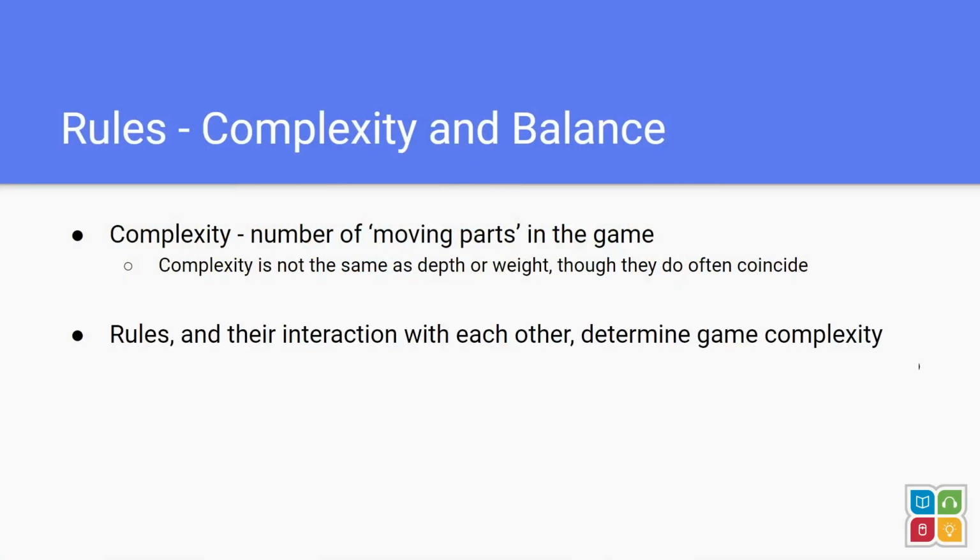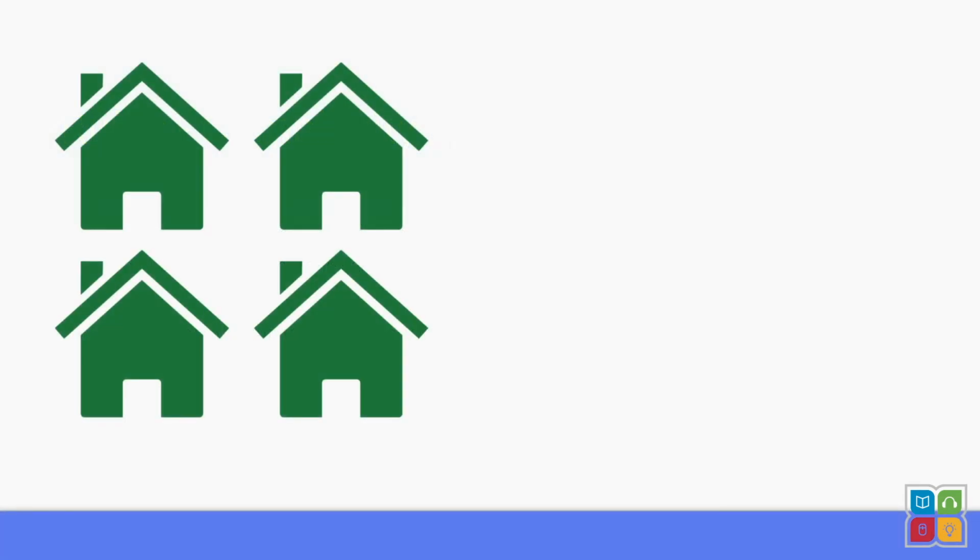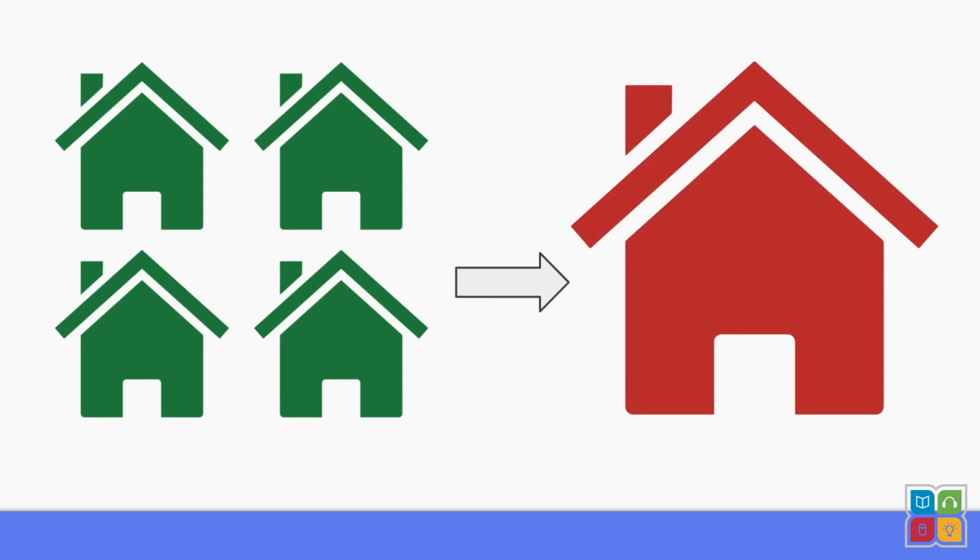Both the number of rules and the number of rule interactions will determine your game's overall complexity. For example, the property development progression chain, which is 4 houses to a hotel, and the rule of equal property development in Monopoly create a rule interaction of additional complexity and scarcity to the game economy.